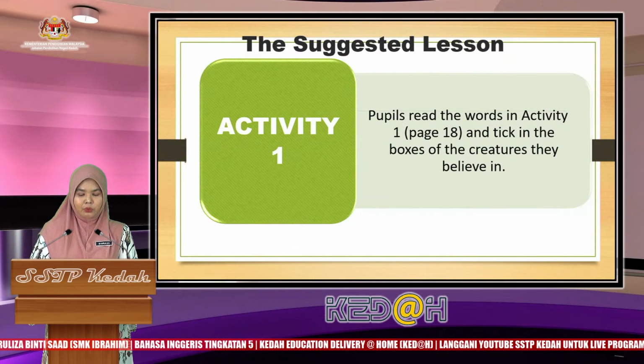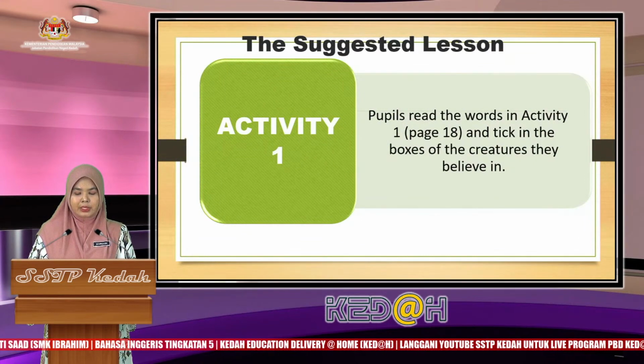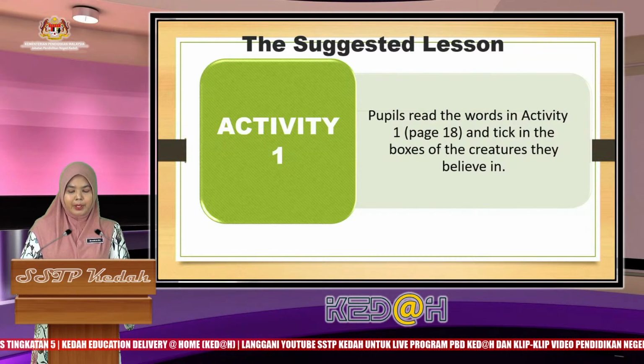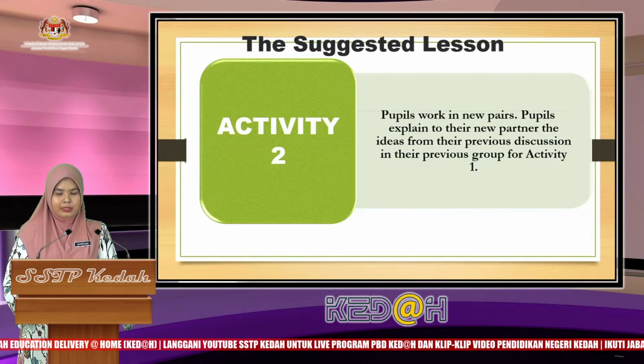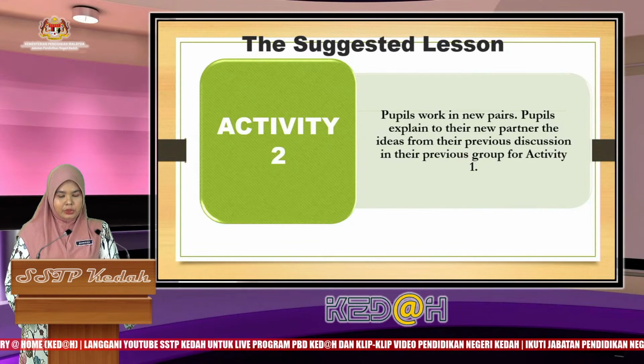For activity 1, pupils read the words in activity 1, that is in page 18, and tick the boxes of the creatures they believe in. For task 2, pupils work in new pairs.